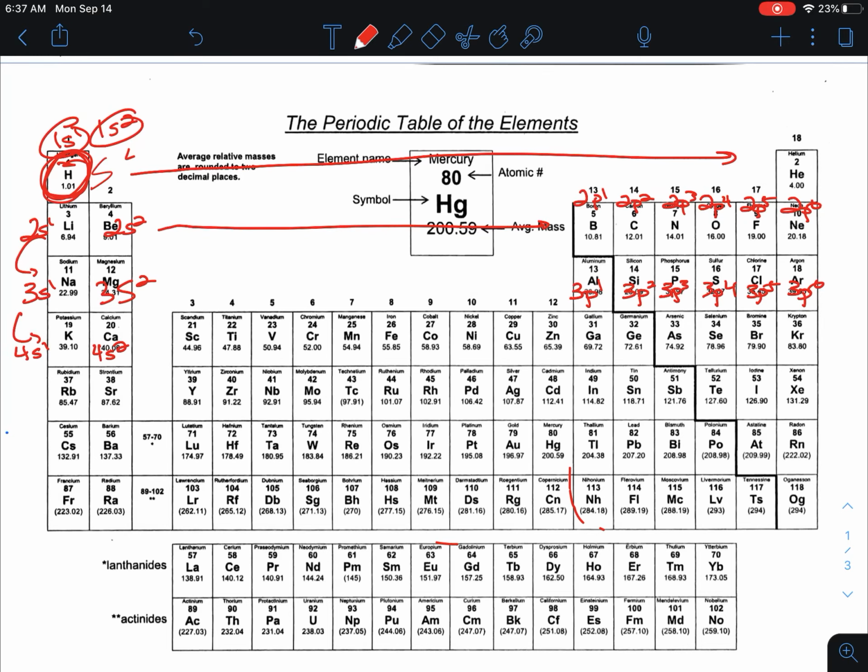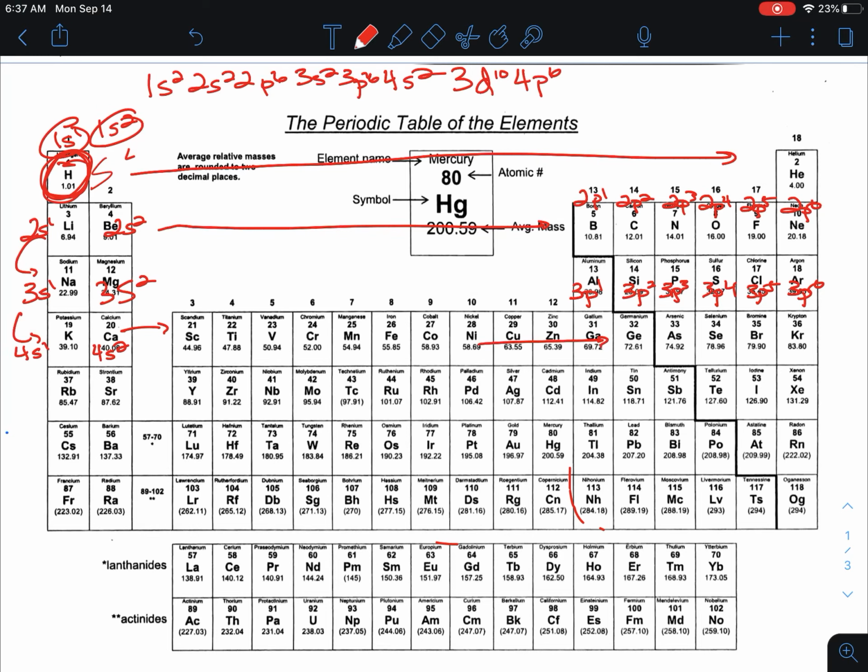So your electron configurations are always going to be in the order 1s2, 2s2, 2p6, 3s2, 3p6. Then you get to 4s2, and from 4s2 you go to the D level, and because of the amount of energy there, the number goes down one. So 3d10, and then back to 4p6.